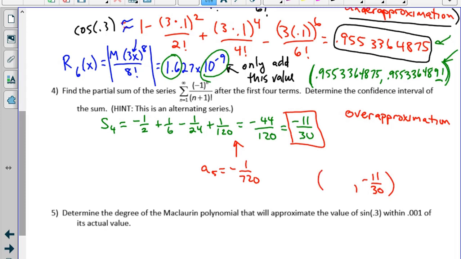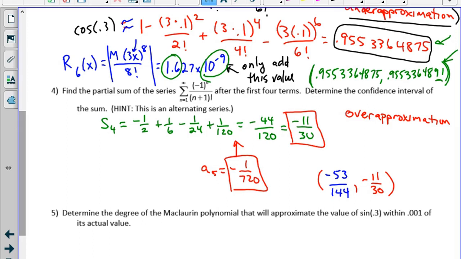So then I want to subtract 1 over 720 and figure out what the smallest possible value could be for my confidence interval. That's going to be negative 53 over 144 if I subtract it. So my confidence interval is negative 53 over 144 to negative 11/30ths.